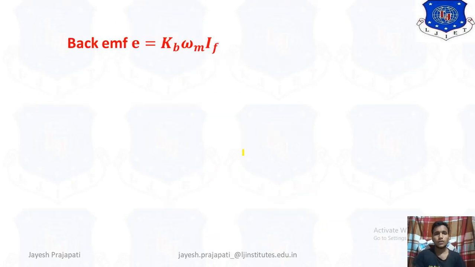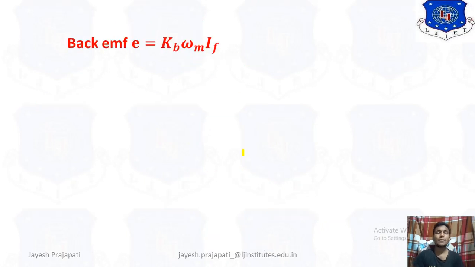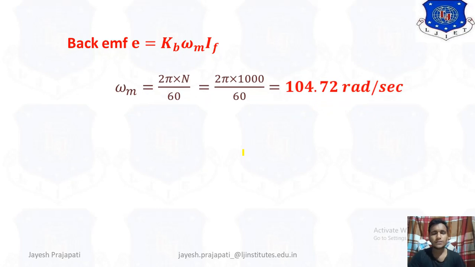Now we have to discuss the delay angle. The back EMF equation is E equal to KB into omega m into IF. That is the equation of back EMF, or the induced EMF, similarly we can say. Then the angular speed omega m is equal to 2 pi n divided by 60, that is 2 pi into 1000, n being the speed in RPM given in the example, divided by 60.